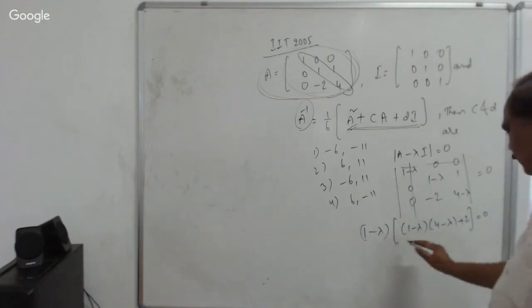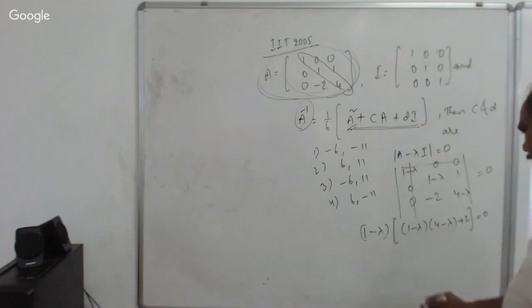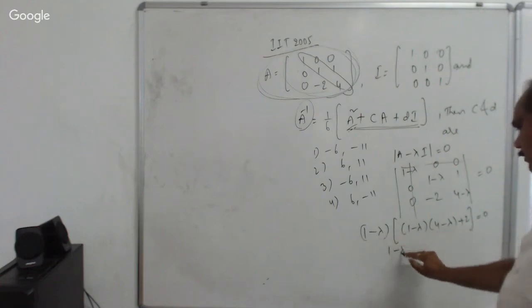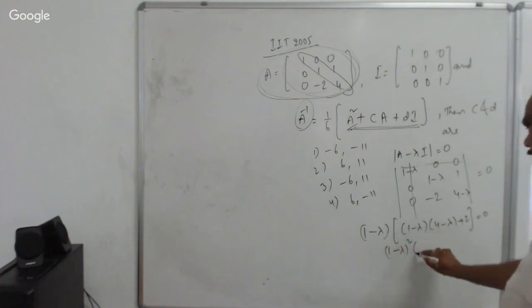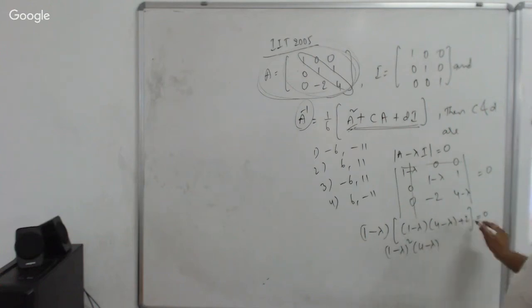Now by simplifying this: 1 minus lambda whole square into 4 minus lambda plus 2 into 1 minus lambda equal to 0.